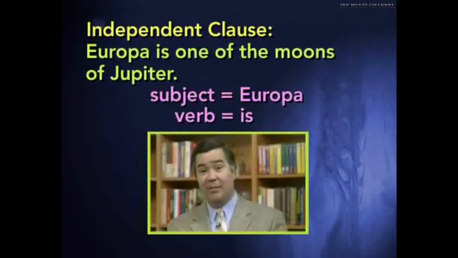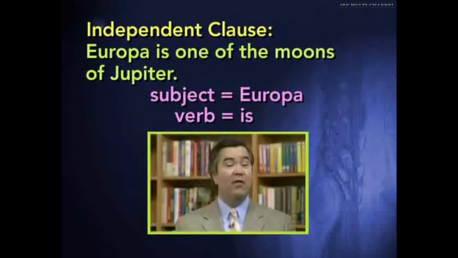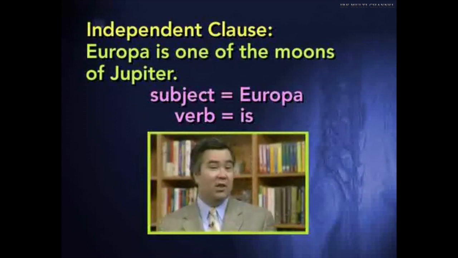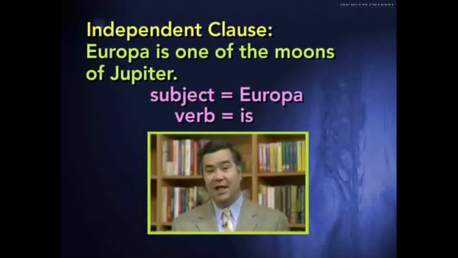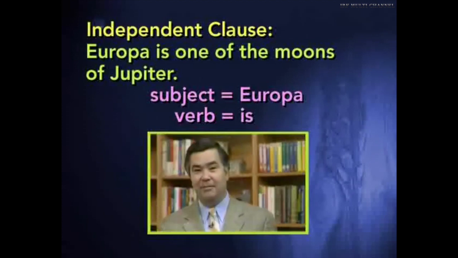It is something. And the rest of the words tell us what Europa is, one of the moons of Jupiter. So this is a clause because it contains both a subject and a verb. It's also a sentence because this happens to be an independent clause, a clause that is able to stand alone as a sentence because it expresses a complete thought.